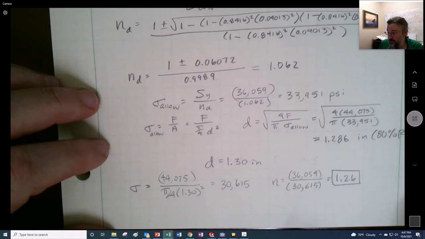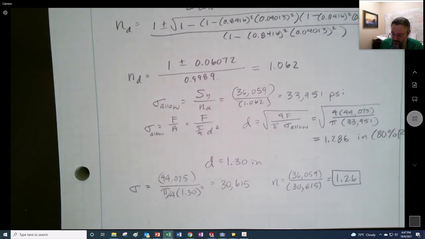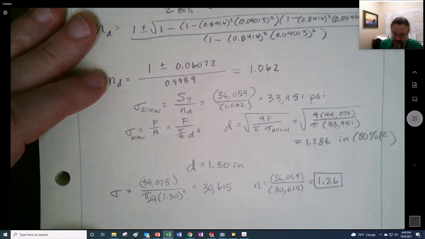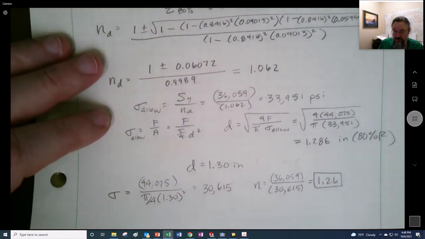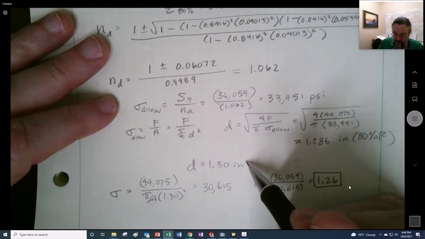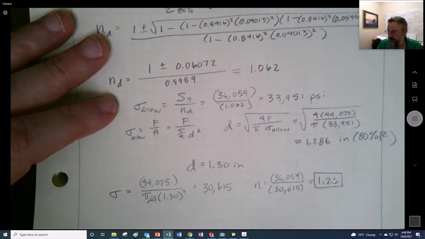But now let's say for my preferred size, right? So now I need to do one last thing. I haven't demonstrated one more step. One step that I could do is find out what my reliability is going to be if I have that design factor.